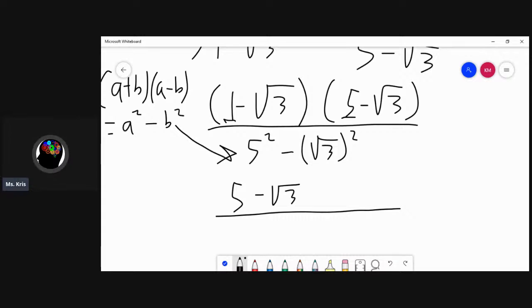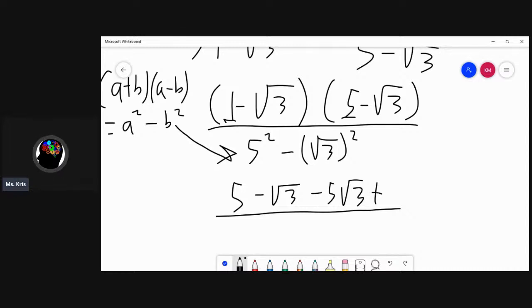Then you have the square root of 3 minus square root of 3 times 5, that is a minus 5 square root of 3. And of course, minus square root of 3 times minus square root of 3.